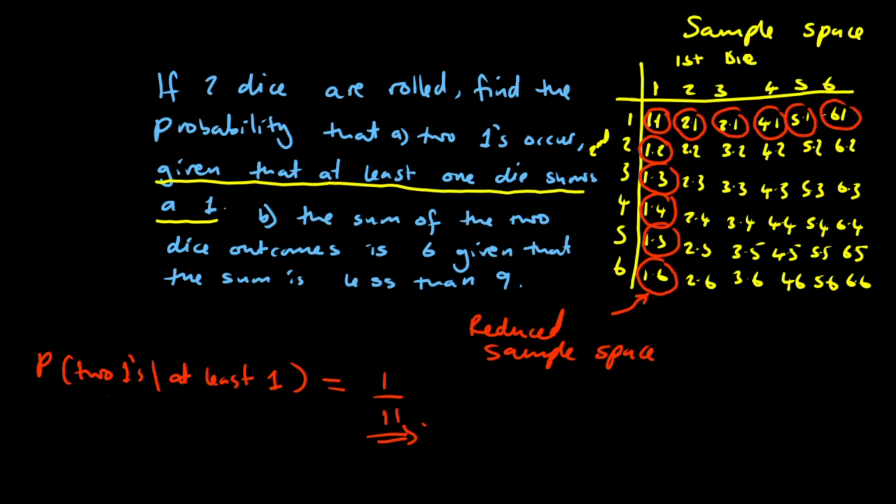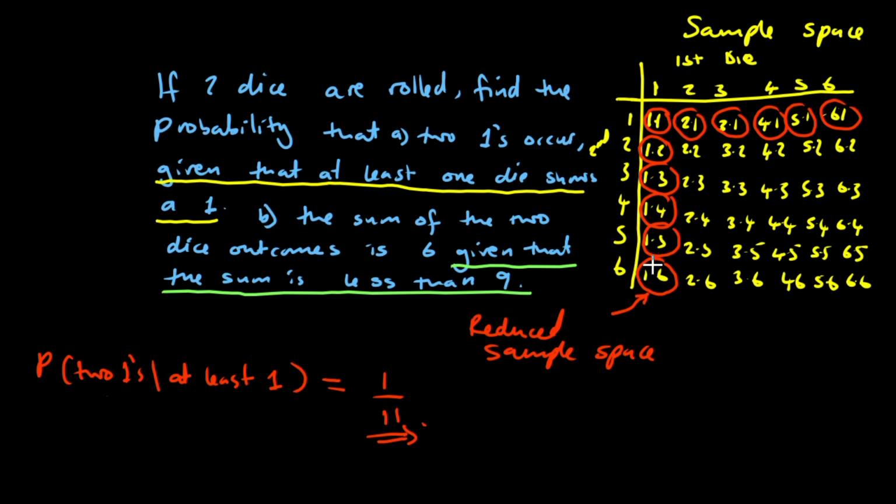So let's do this. Let's reduce our sample space as well. Before we talk about probability, let's reduce our sample space. Given that we are told here, given that the sum is less than 9. So if the sum is less than 9, let's look for those that are more than 9.